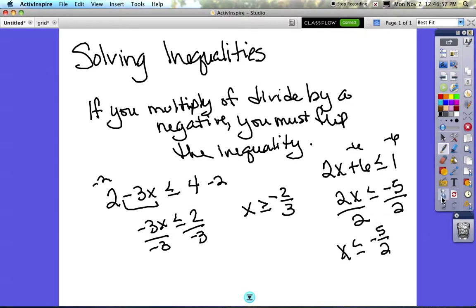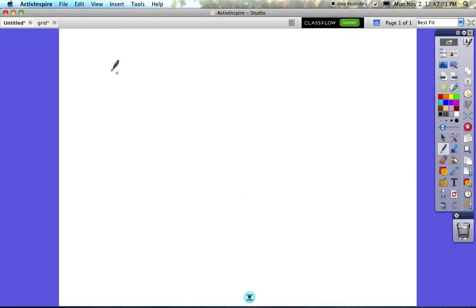Now, let me give you one more type of example, and then I'm going to let you do your classwork. Now you have a fraction. Guys, we talked about this when we did this with equations. You have a couple of options. The first thing that I would do is I would combine my constants.